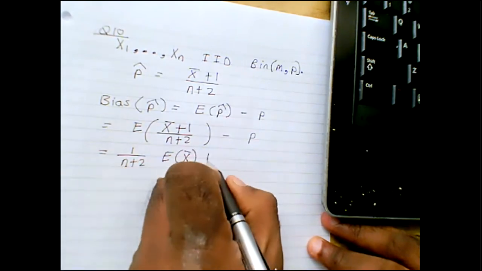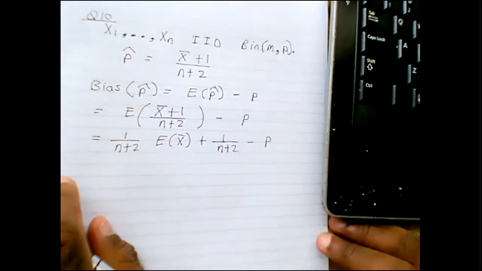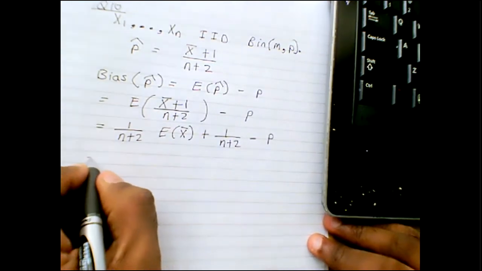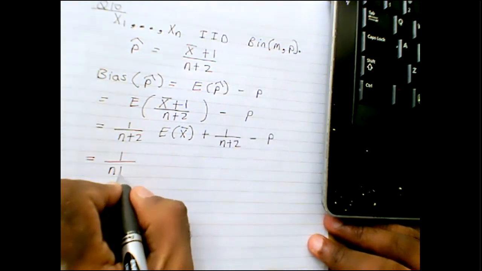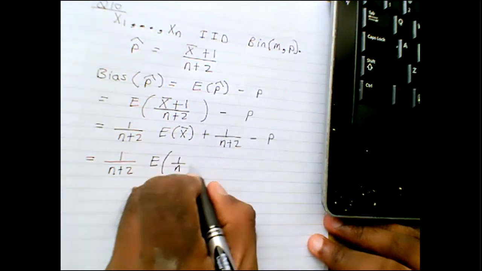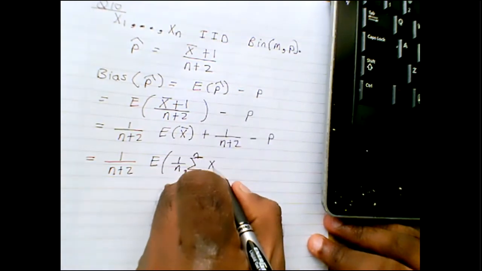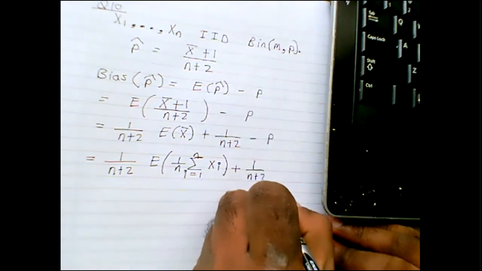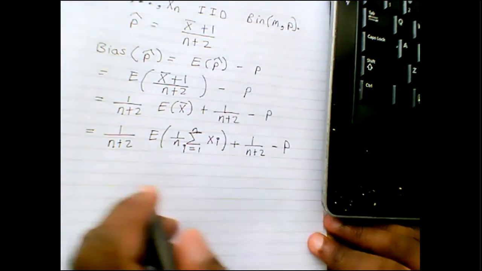Remember x bar is the average, so you can write this as the expectation of x bar, which is 1 over n times the sum.